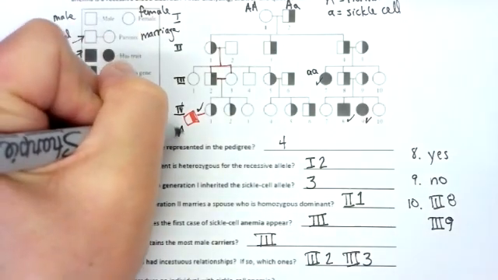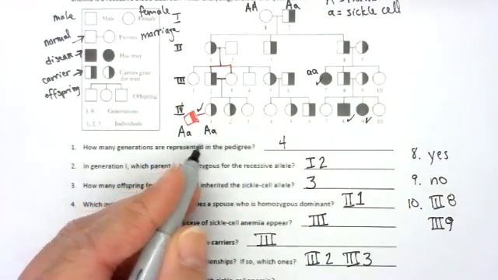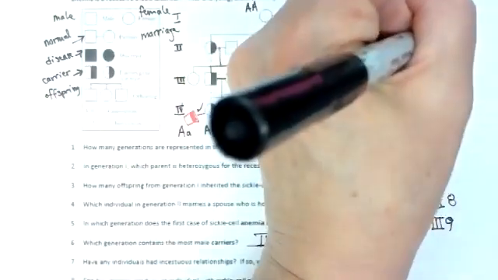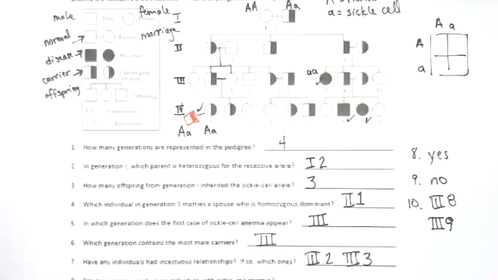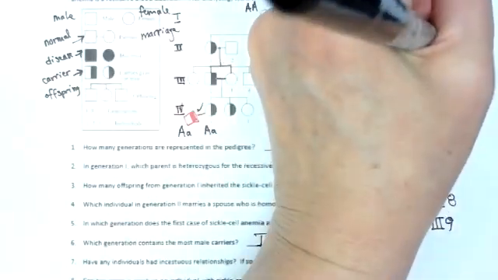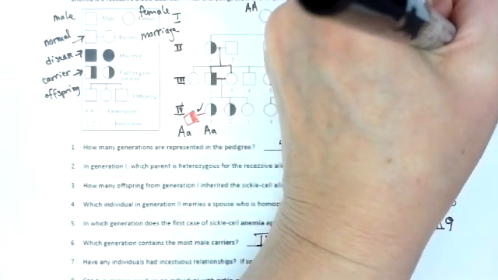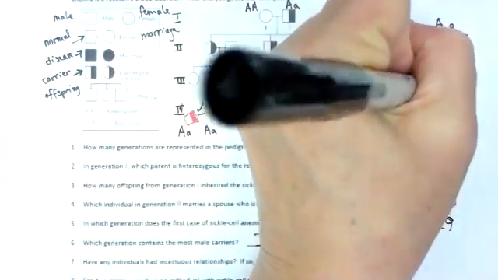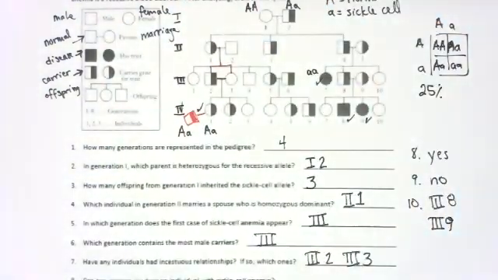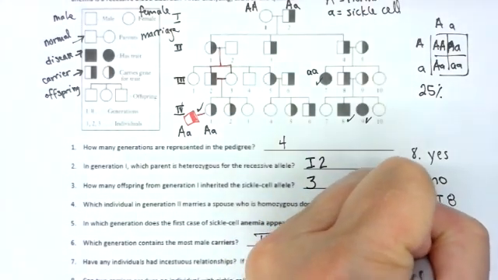What we're going to see is we have AA, and if we do this, we're going to see that we have 25% would be normal, 50% would be carriers, and 25% would be afflicted. So the answer to number 11 is 25%.